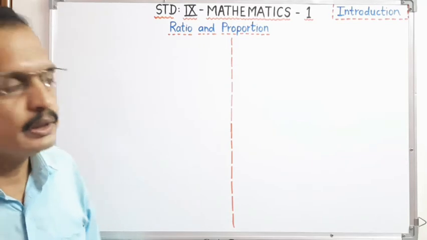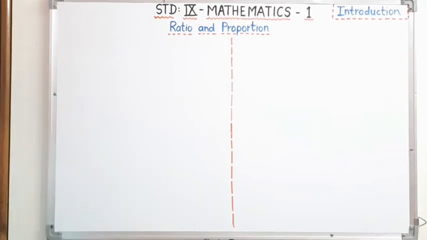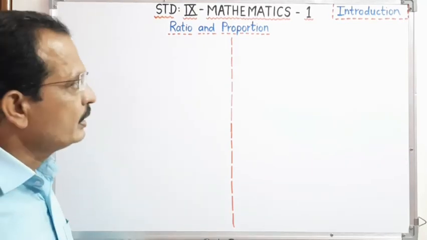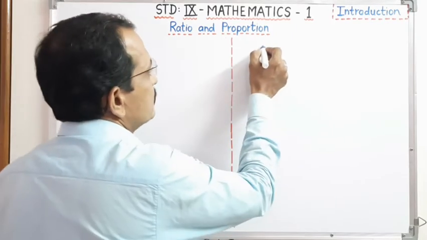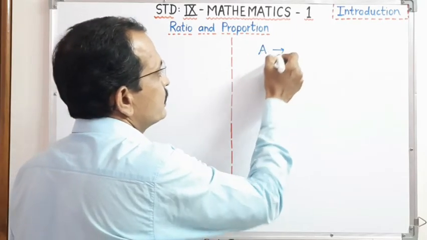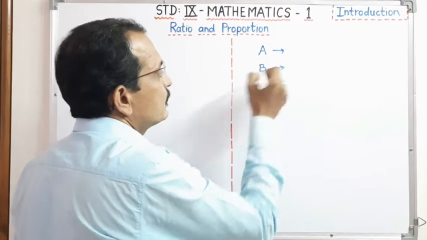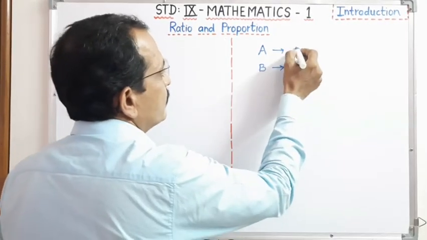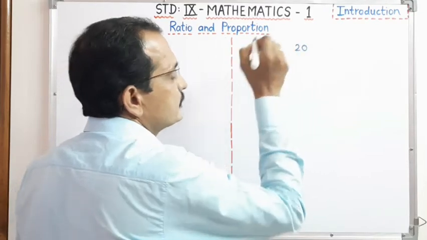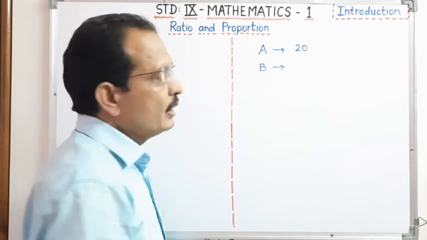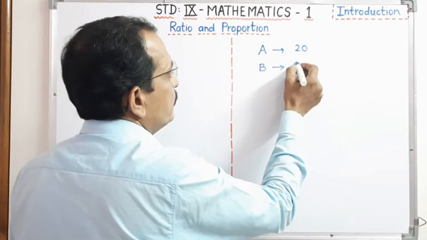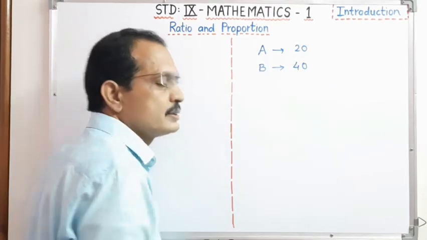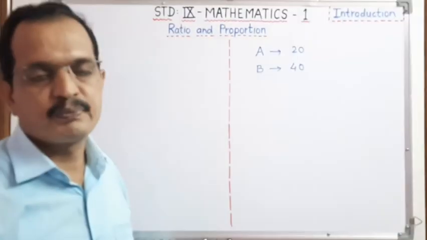See dear students, if we have to compare two things, suppose A is one student and B is another student, and A got 20 marks in an exam. At that time, B got 40 marks in that paper.